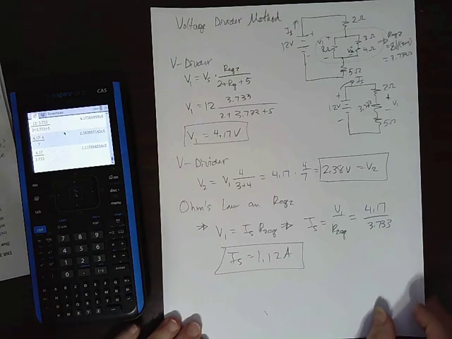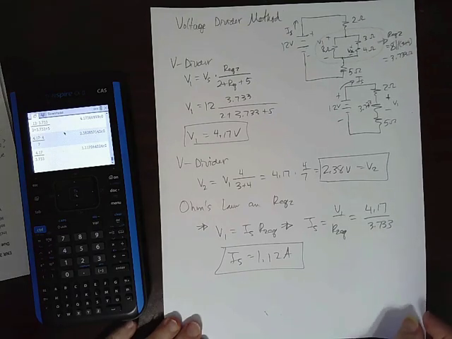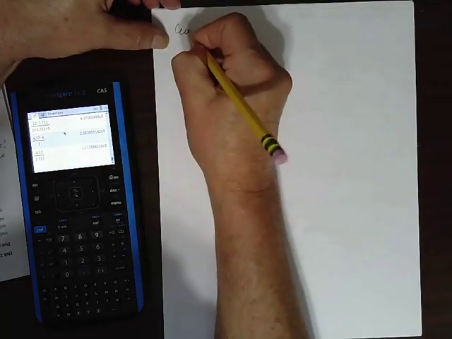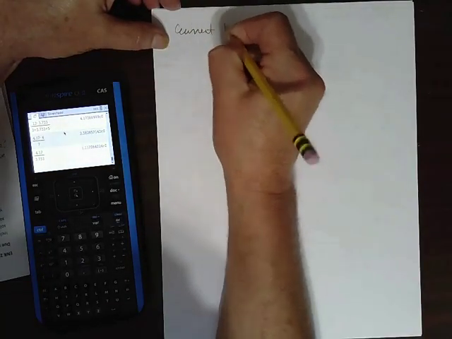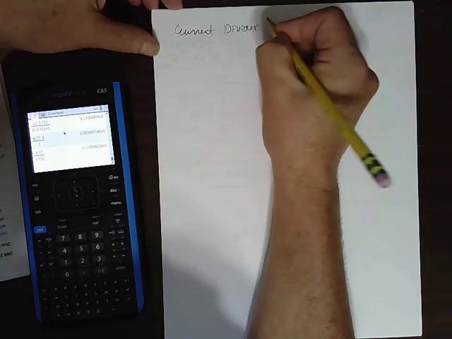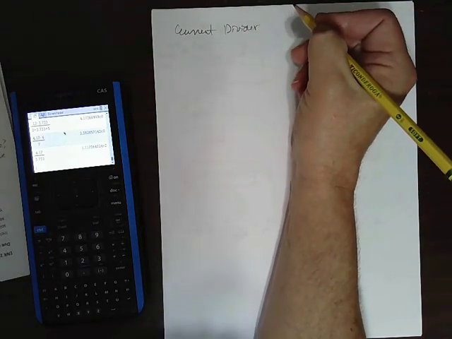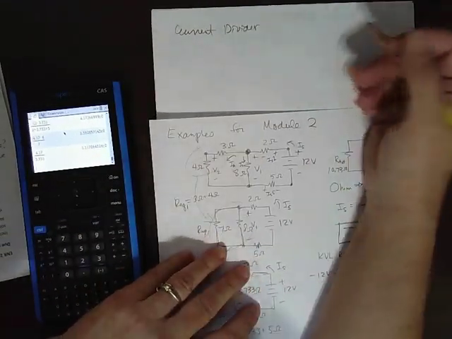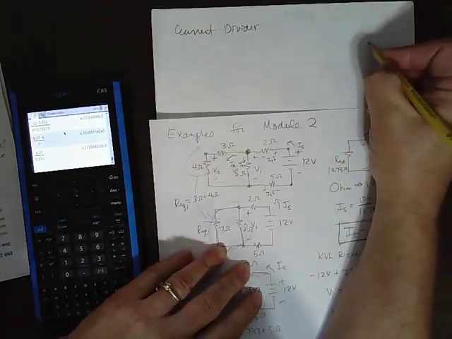Let's see if we can do this with a current divider. Okay, so let's get our circuit back here. I guess we'll just kind of draw it like it originally was.